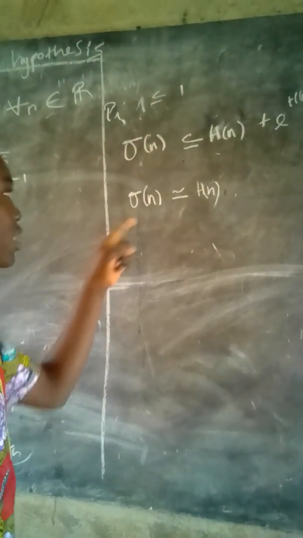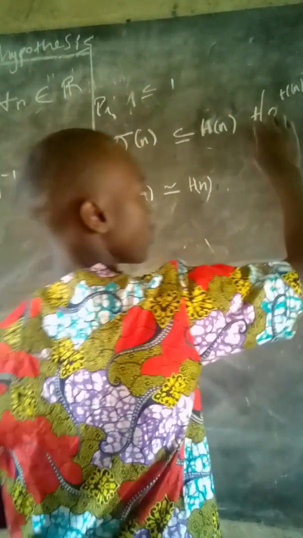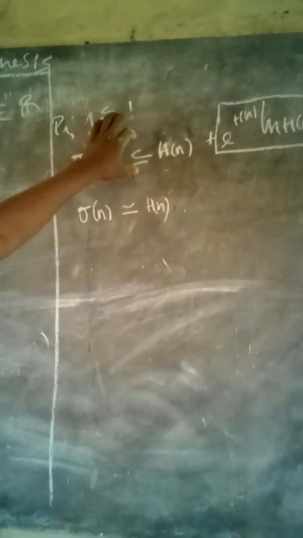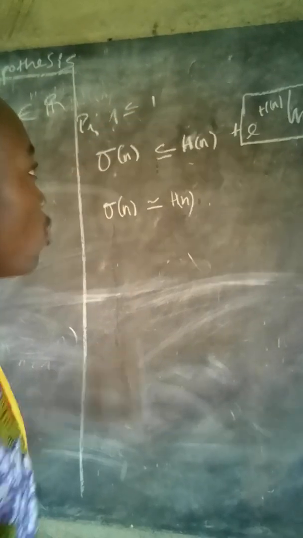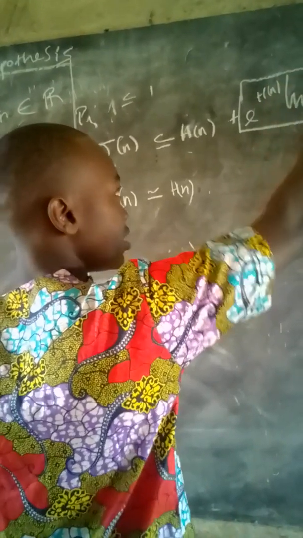We can see that sigma n is almost the same as Hn. The only problem which can tell us if the Lagrangian version of the Riemann hypothesis is true or not would be the value of e to the power Hn ln Hn.